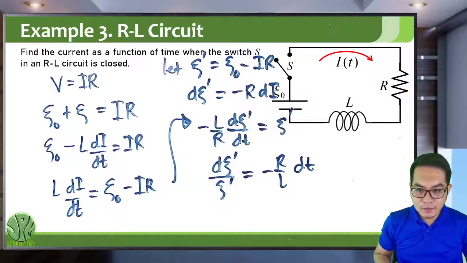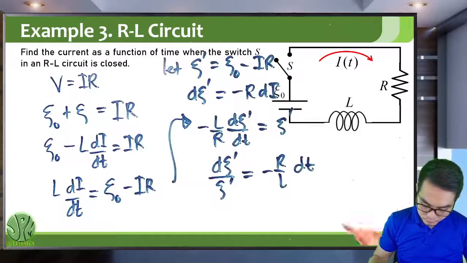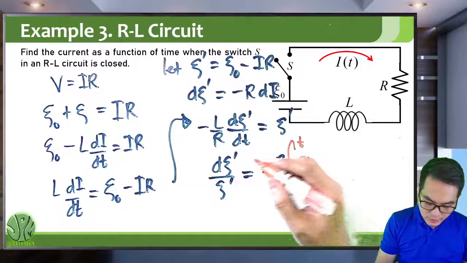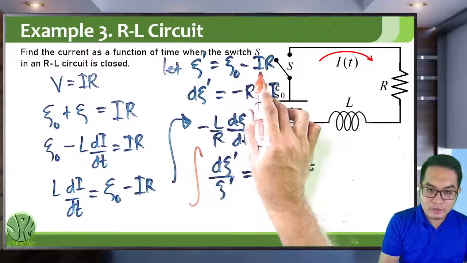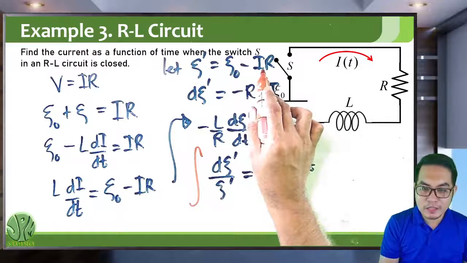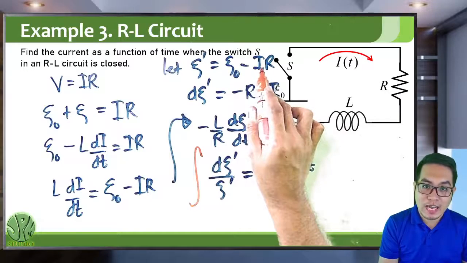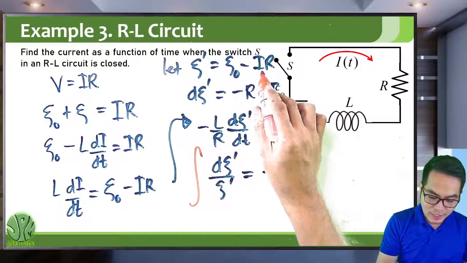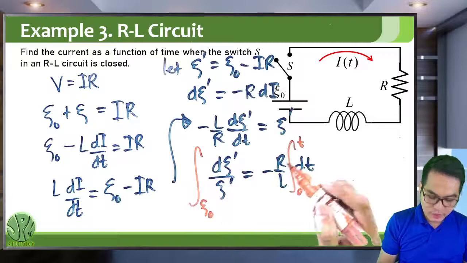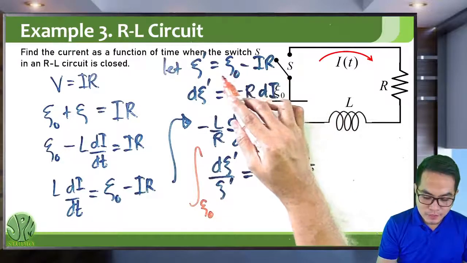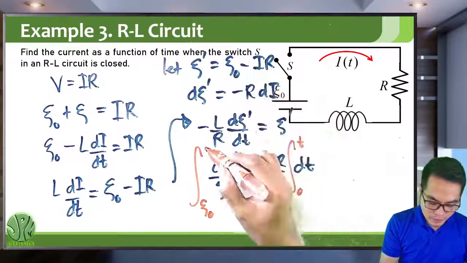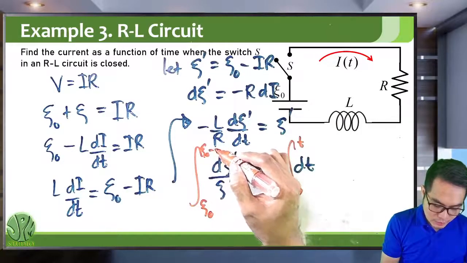You integrate this one, say from 0 to t, and this is from an initial value. The initial value is when the circuit is open, so current is 0. In that case, when current is 0, the EMF is E naught. But when the circuit is now closed, the EMF prime is now E naught minus IR. So this is E naught minus IR.